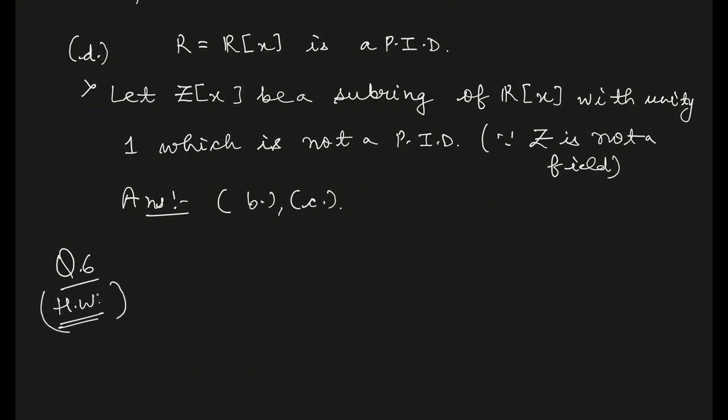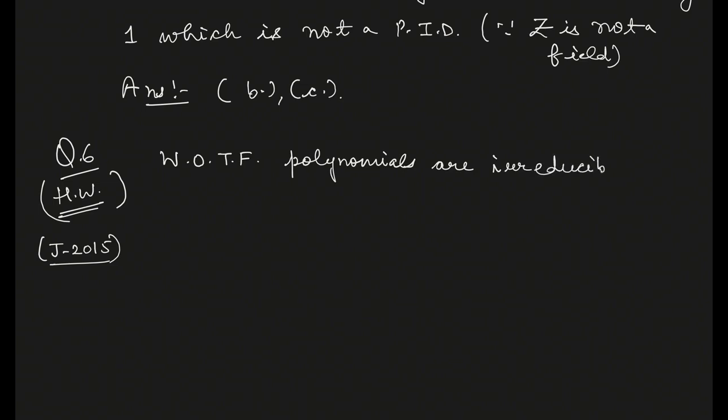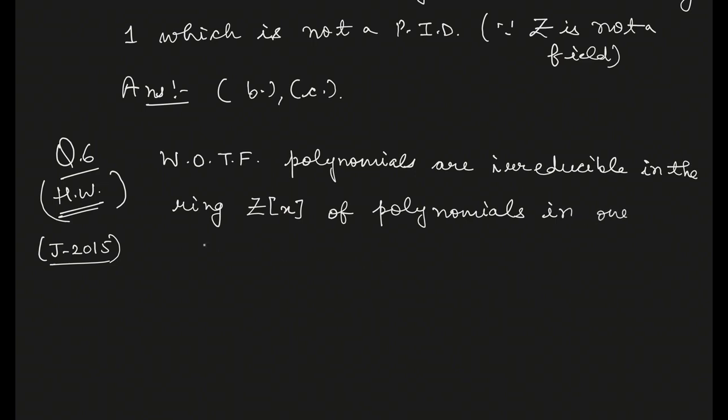This question I am giving for homework, try it. Which of the following polynomials are irreducible in the ring Z[x] of polynomials in one variable with integer coefficients?